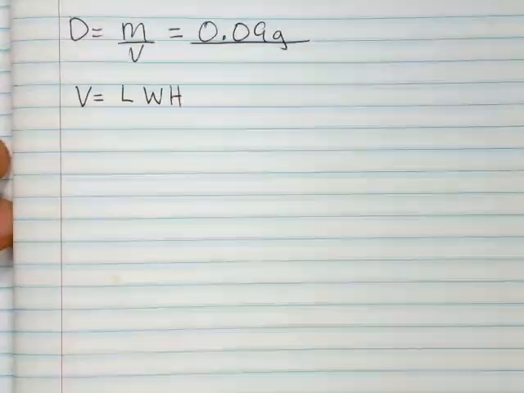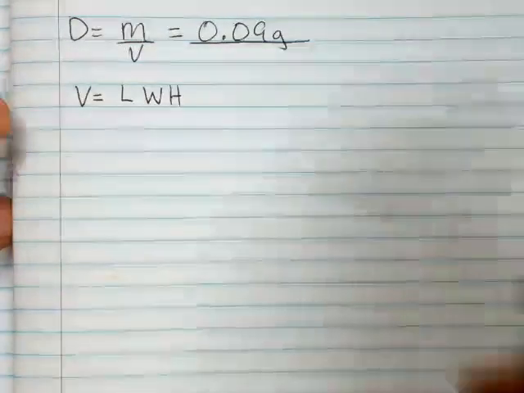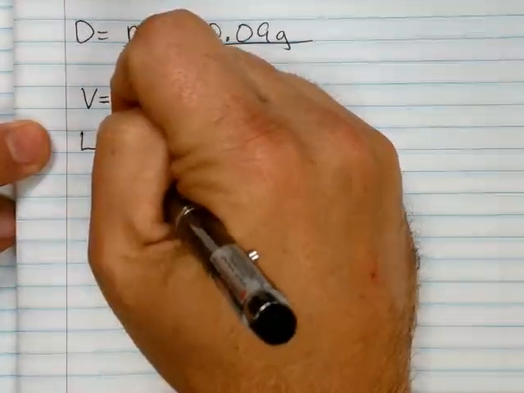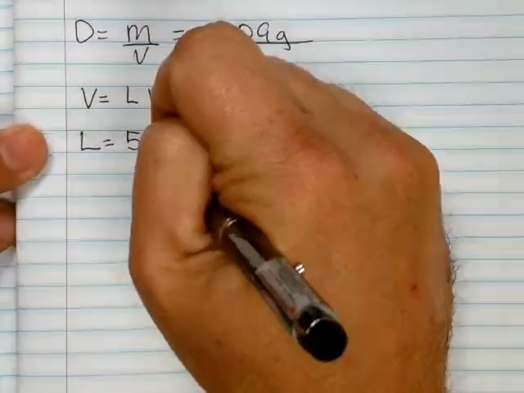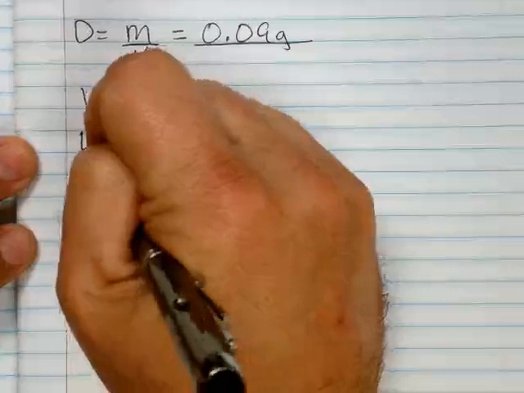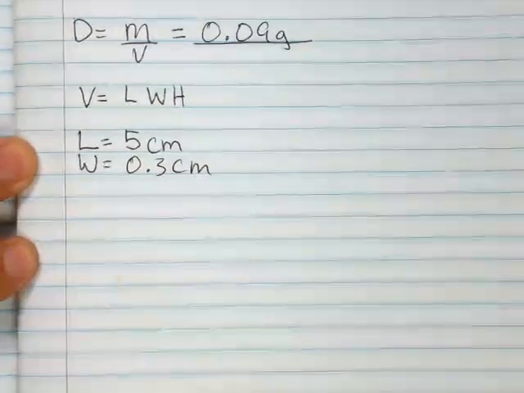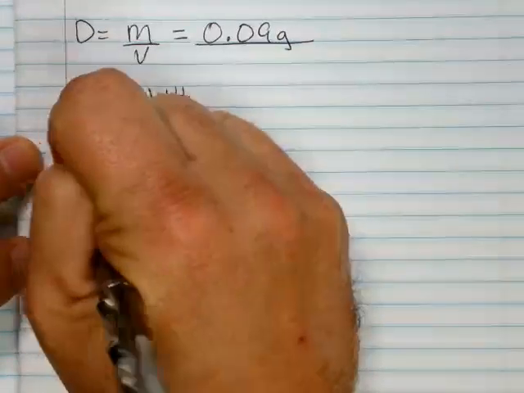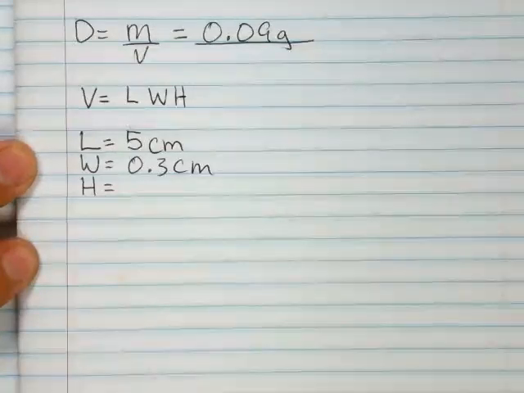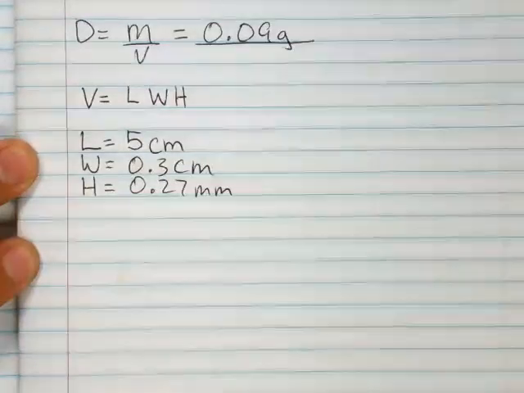Right. So for our volume, we have to go length times width times height. Our length, 5 centimeters, is that correct? 5 centimeters for the length. And then our width was that 0.3 centimeters? And then the height, that was the thickness, in millimeters, 0.27 millimeters.